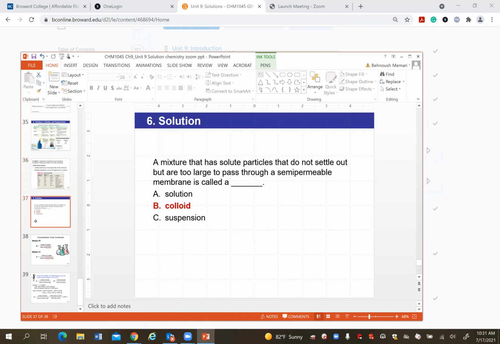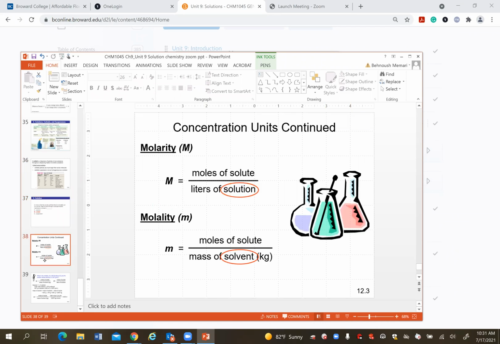For the colloids, a sample question for colloids: a mixture that has solute particles that do not settle out, but are too large to pass through semi-permeable membrane, is colloid. That means you can separate them by the semi-permeable membrane if it's too large to pass through.